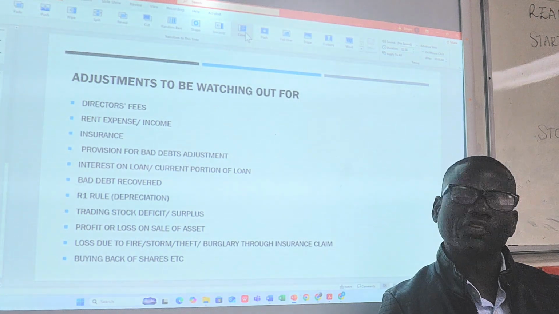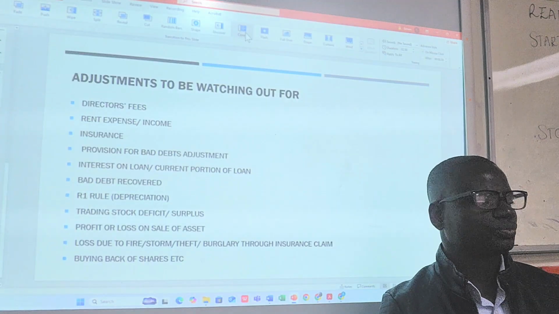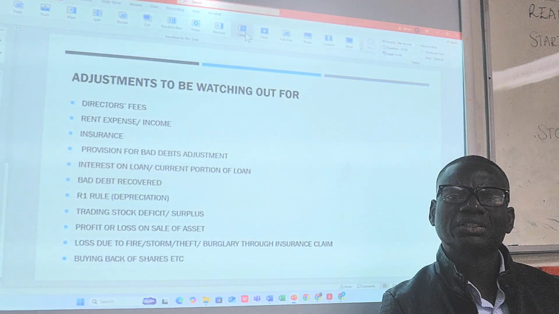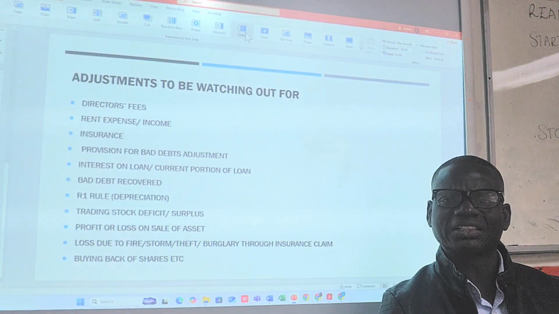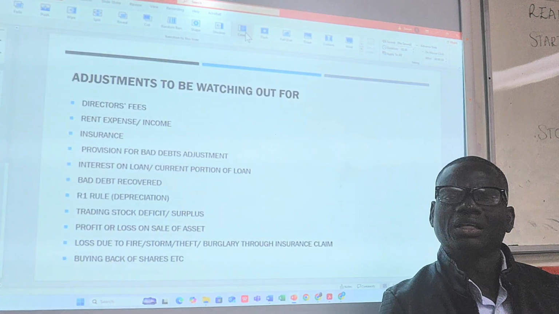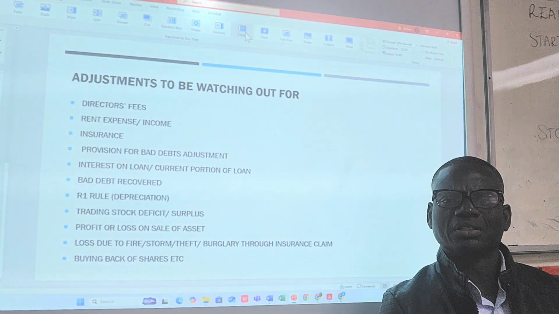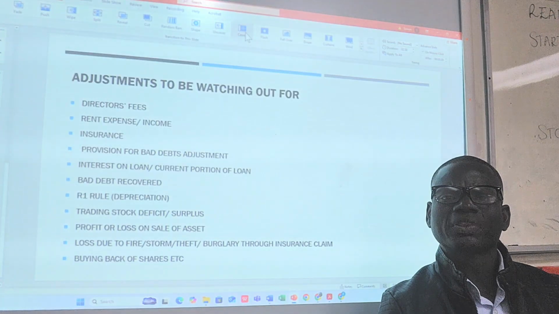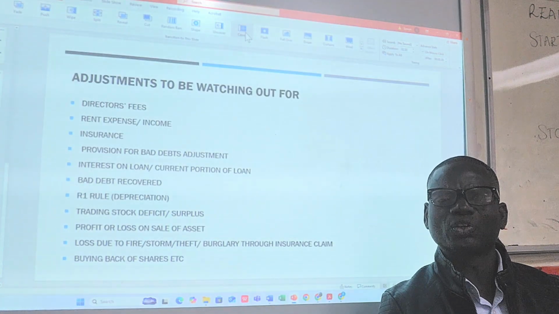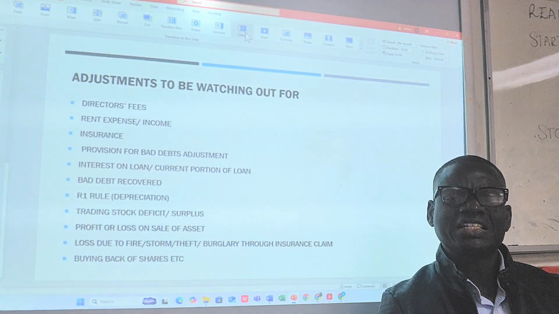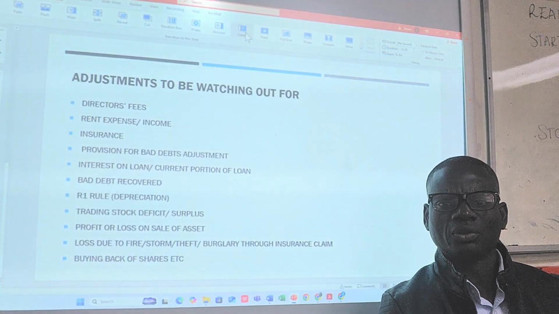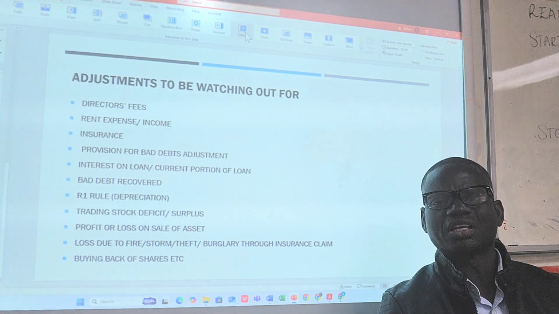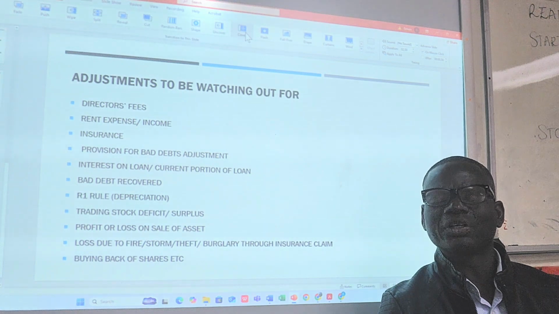Profit or loss on sale of asset is actually part of the income statement. If it's a profit, it's other operating income. If it's a loss on sale of the asset, it's actually an expense. Then how do you know if it's a loss or profit? If the value of the asset at the point of sale, the carrying value, is more than what they sold it for, it means that the worth of the asset is more than what they sold it for.